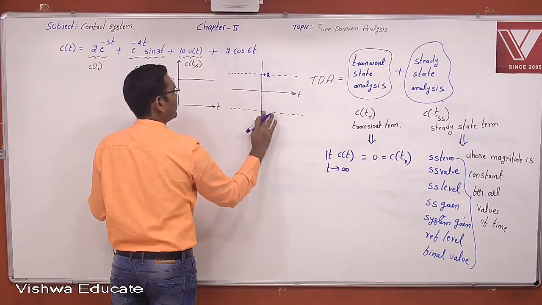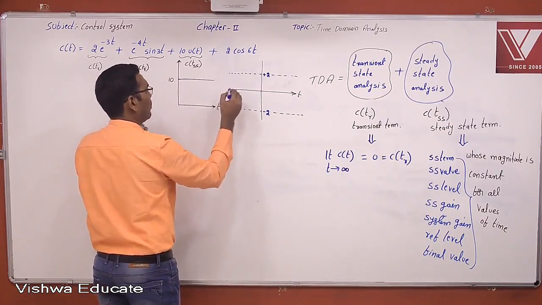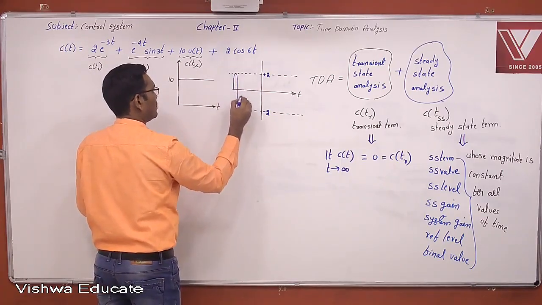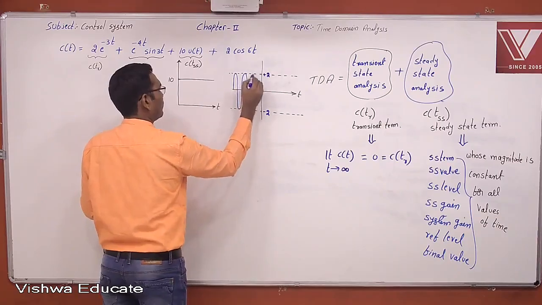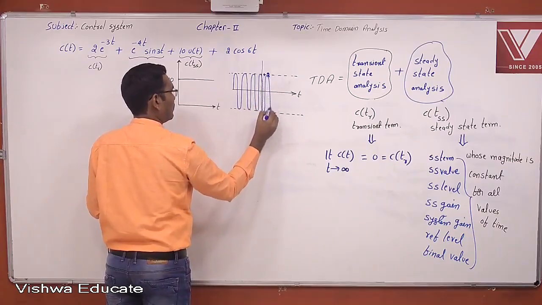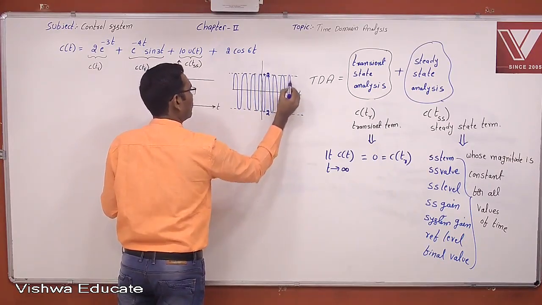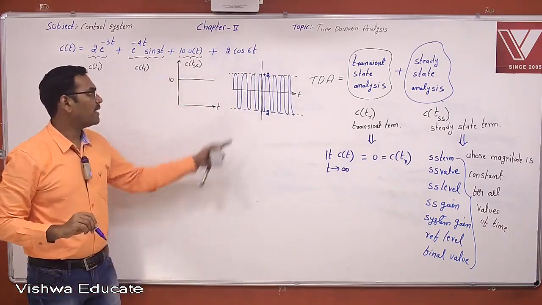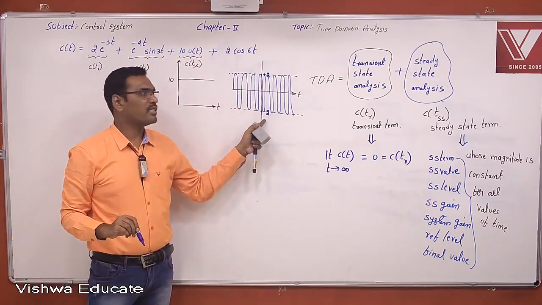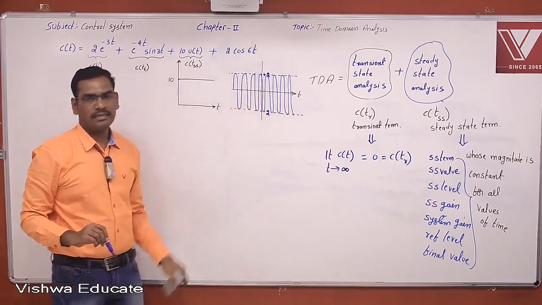Minimum amplitude is minus 2. Peak to peak amplitude is 4. And the frequency of oscillation is 6 radians per second.